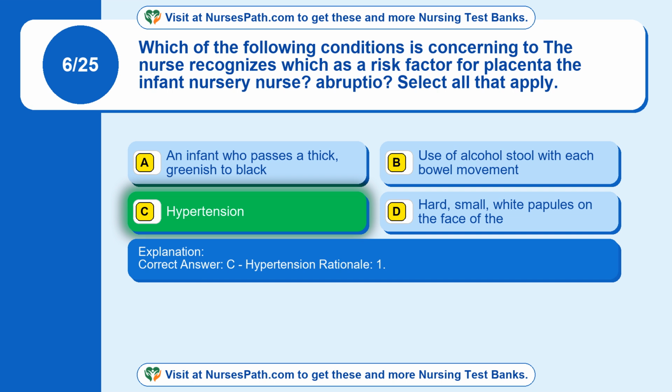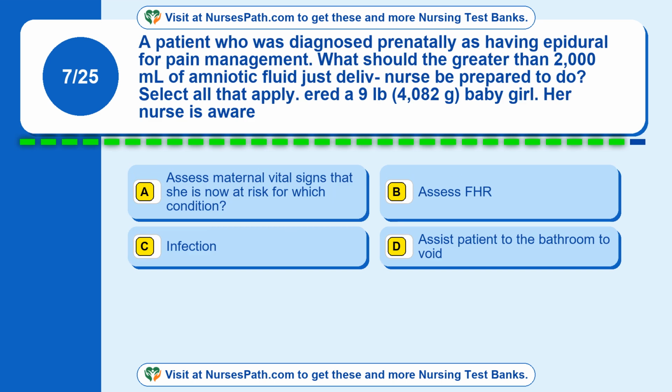Question 7. A patient who was diagnosed prenatally as having greater than 2000 ml of amniotic fluid just delivered a 9 pound, 4082 g baby girl. Her nurse is aware that she is now at risk for which condition? What should the nurse be prepared to do? Select all that apply. Option A. Assess maternal vital signs. Option B. Assess FHR.